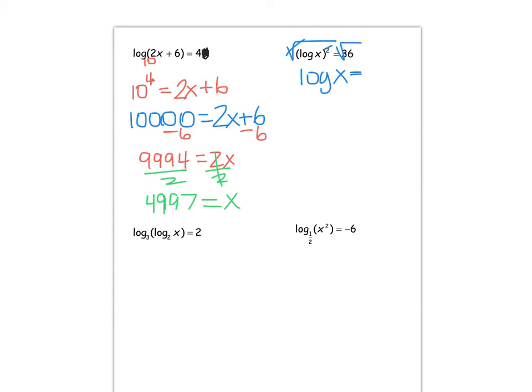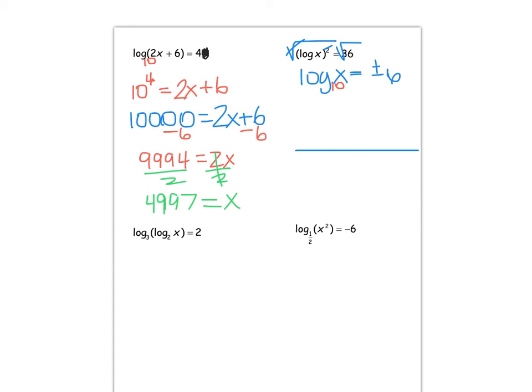Now technically that's two different numbers. That's positive or negative 6. So that means we're really going to have to do this problem twice, which is kind of annoying. Let's put a line in the problem here, and we'll do it once up here. So once we're going to do log equals positive 6, and then once we're going to do log equals negative 6. Okay, so the base is 10, because we can't see any other base.